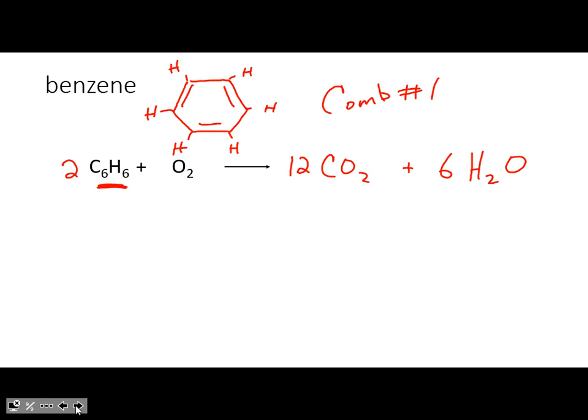That's good, because I can now see that I have an even amount of oxygens. 12 times 2 is 24. 6 times 1 is 6. So I have 30 oxygens. So if I come over here and put a 15 there, I have 30 oxygens.